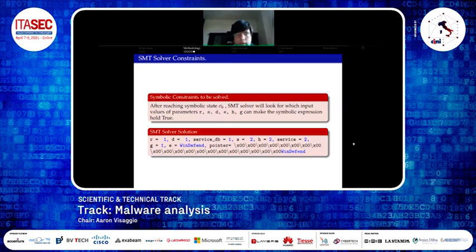So the SMT solver solution would look like something in the red box, where the values for RD and service DB are equivalent to 1, and the values for SH and service are equivalent to 2, and G is equal to 1, which means that basically the control code is service stop, and E is win defend.